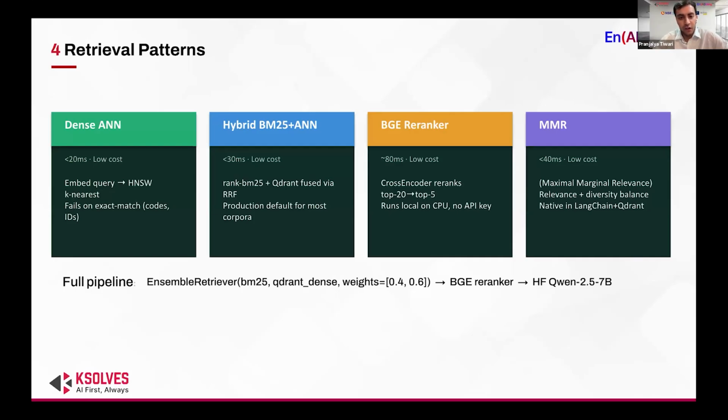So to resolve that, we move to the hybrid BM25 plus ANN architecture. What is BM25? BM25 is Best Match 25. Since you're all knowledgeable people, you must have heard of TF-IDF while working in AI or machine learning previously. BM25 works similarly to TF-IDF.